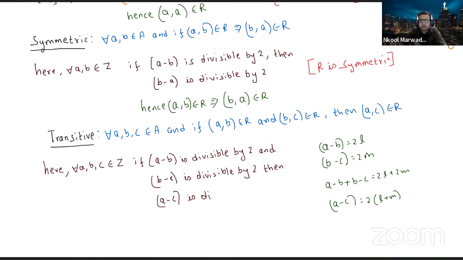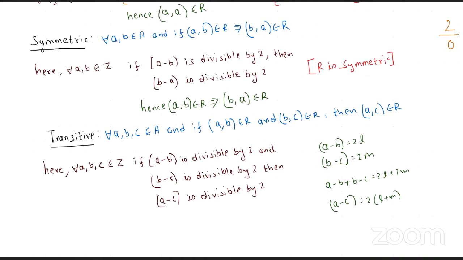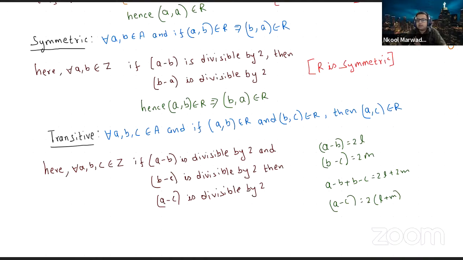What does this mean? You got now how we got this. But a minus c: 2 into anything has to be divisible by 2, because this L plus M can be any number. I am not interested in that. But this 2 will make it divisible, because whenever I divide this number by 2, this 2 will cancel out.